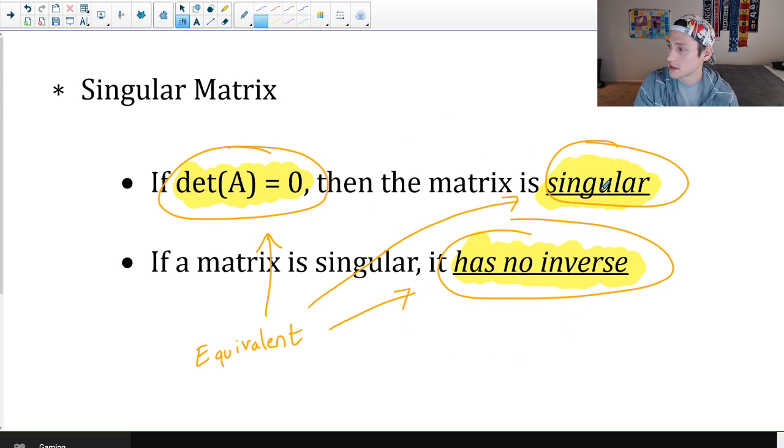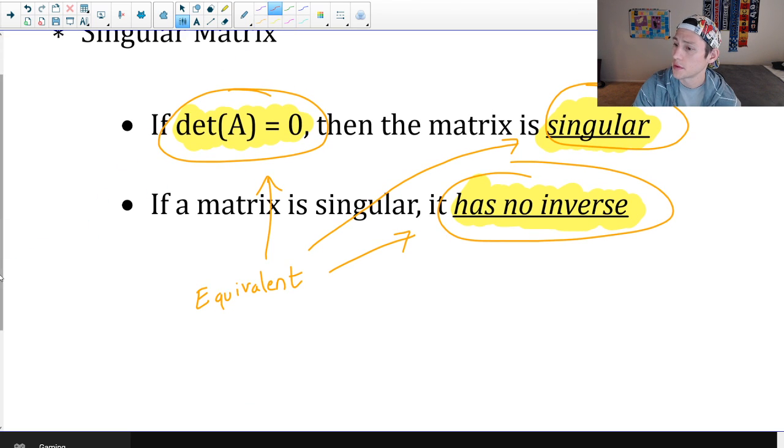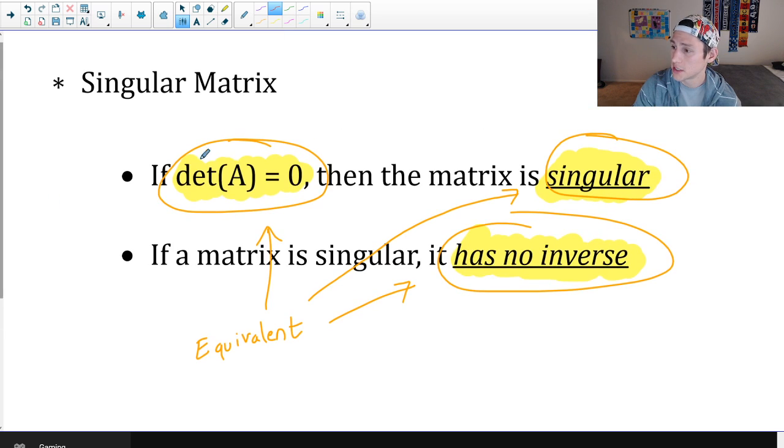Well, it's based on if it's singular. Well, what does being singular mean? Well, it's based on what the determinant is. If the determinant is 0, great, then it's singular. It has no inverse. But if the determinant is not 0, well, that means it's not singular, and that means that it does have an inverse.